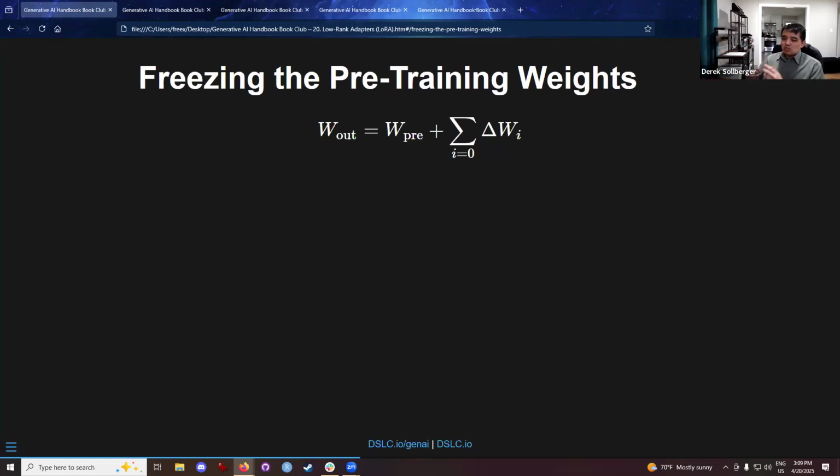What this allows us to do mentally is to take the original large language model, the one that was pre-trained by someone else, and just leave their weights alone. We freeze them. We do not have to change their weights, and then simply worry about the adjustments that we're making in our workplace.